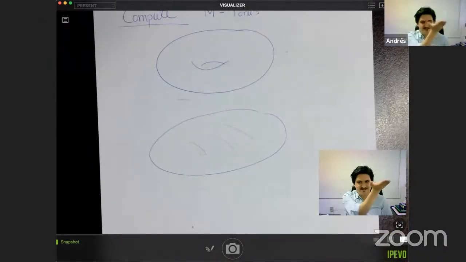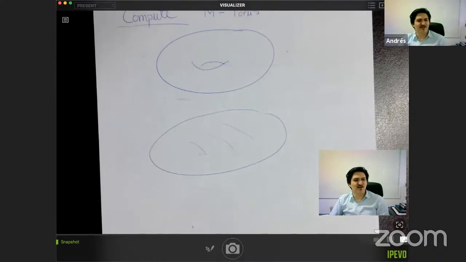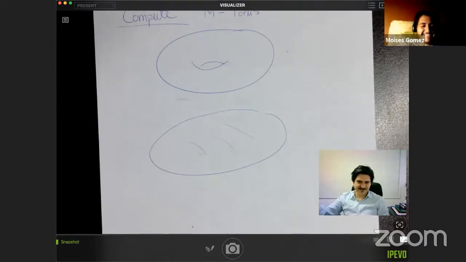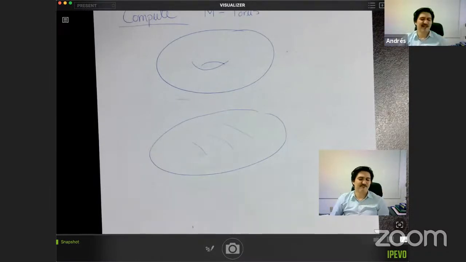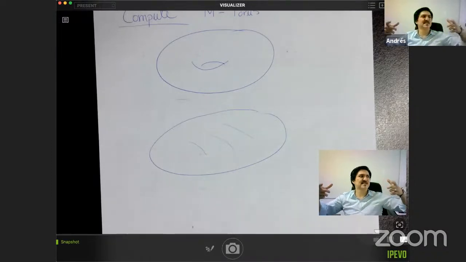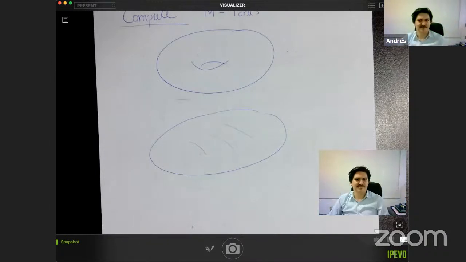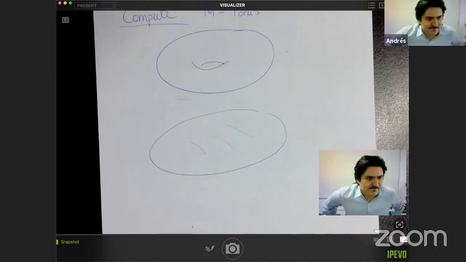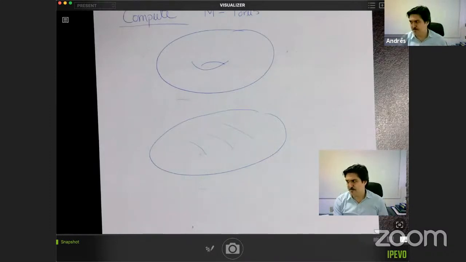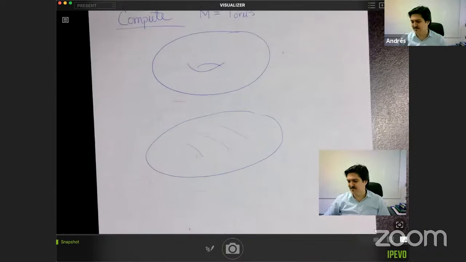So you can cut it like this. But again, the intersection will not be connected. It will be a cylinder like this and a smaller one. That will be a different covering of the torus by two open sets, but the intersection will not be connected. U and V are connected, but not the intersection.